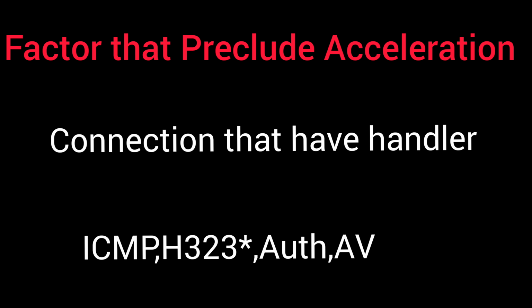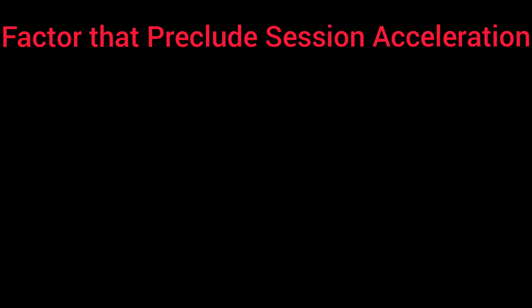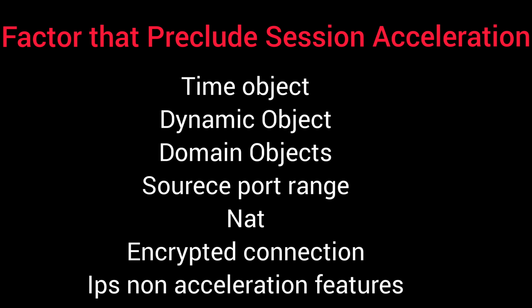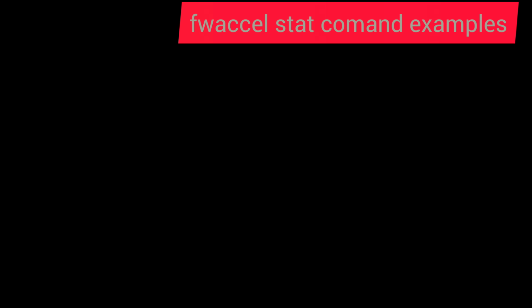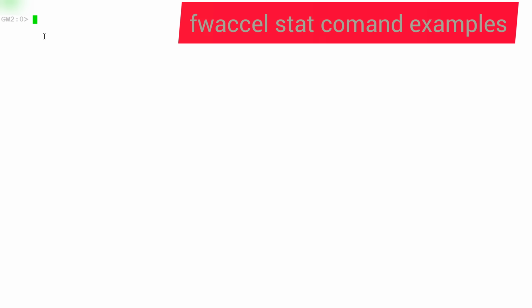Factors that preclude session acceleration, like time objects, dynamic objects, domain objects, etc. The rest are what you are seeing on the screen. You can use the fwaccel stat command to see if SecureXL templating is enabled or disabled. This is it for this part.